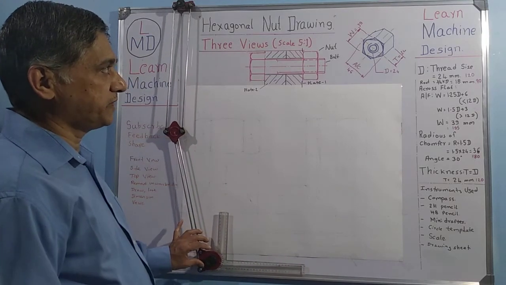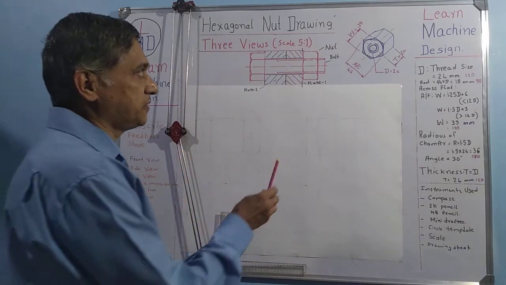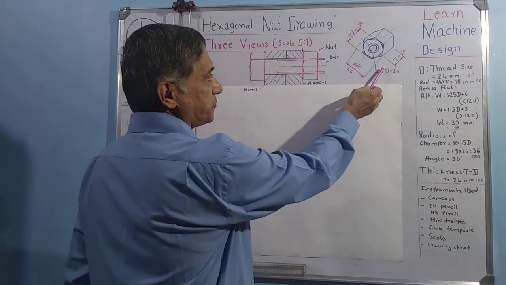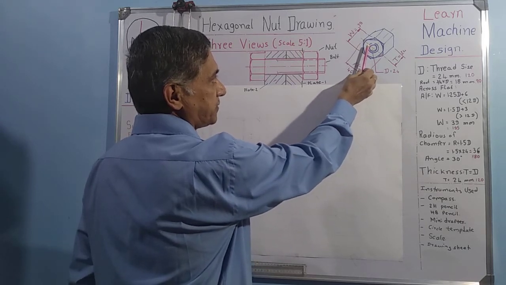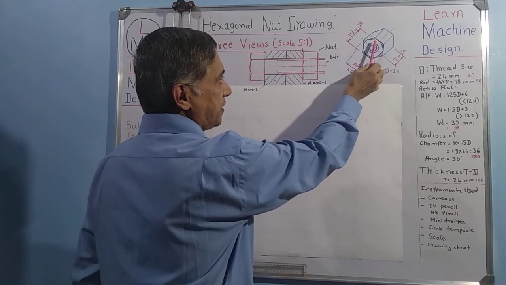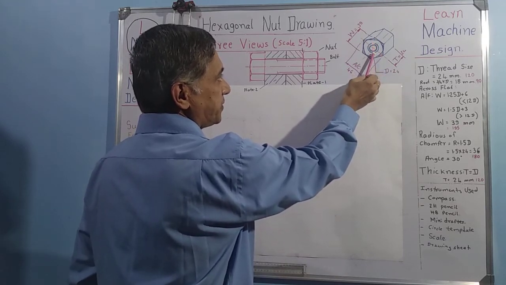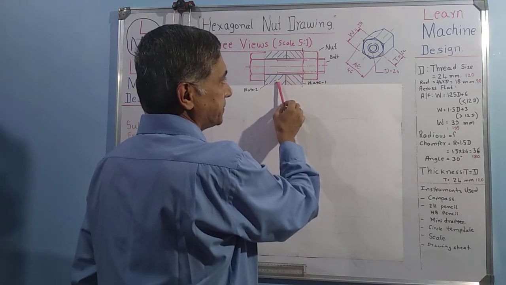Before that, we will understand this nut, how it is. The nut view is here. The nut looks like a hex on one side, and the function of this nut is to fasten plate 1 and plate 2.